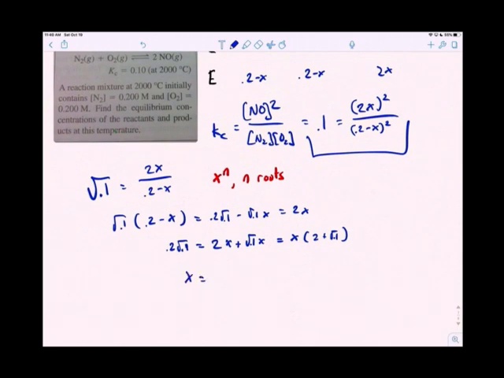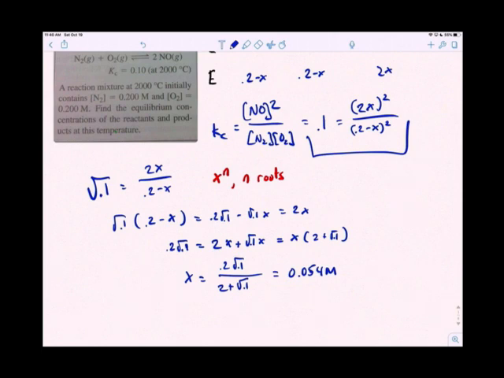x is equal to 0.2 times the square root of 0.1 all over the quantity 2 plus the square root of 0.1, and then you put that into your calculator, and what do you get? Oh, wait, no, that's wrong. 0.054 molar.